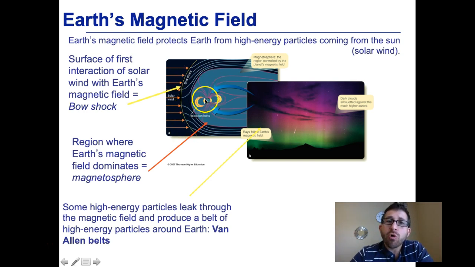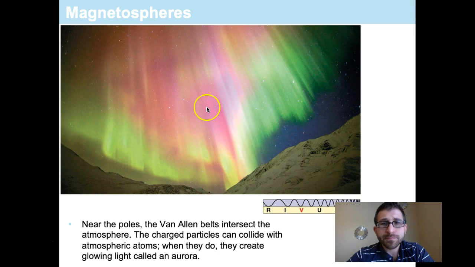In the North Pole, you have the northern lights, or aurora borealis, and in the southern hemisphere, you have the southern lights, or aurora australis. So borealis in the north, australis in the south. And they are absolutely magnificent.